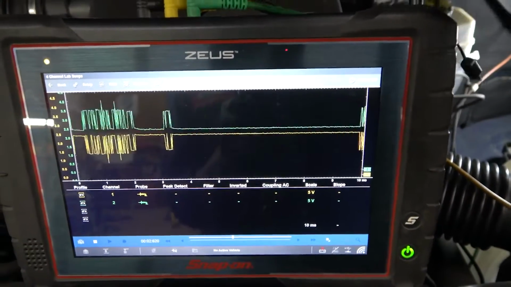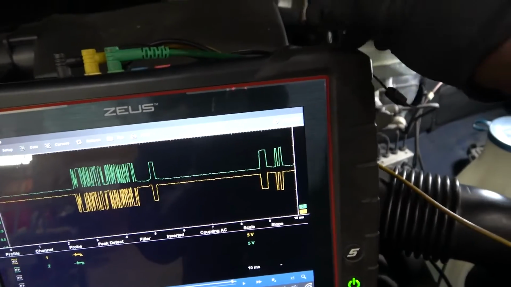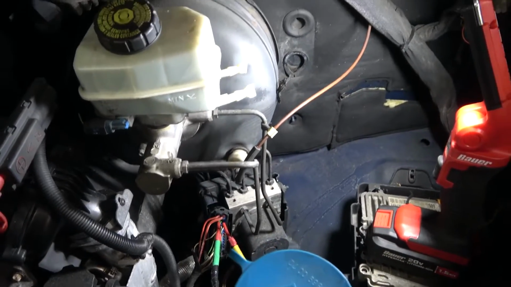Okay, so that's it, guys. We can make the call. The ABS control unit is defective. We are done with our diagnosis. This van needs a new ABS control unit. The ABS control unit is not communicating.